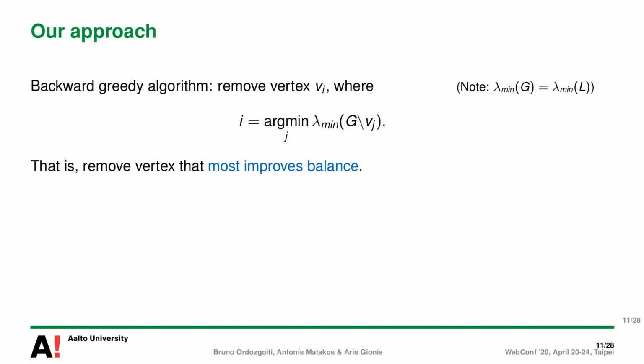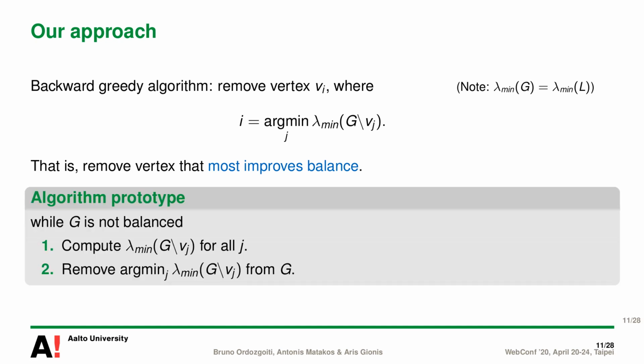So based on this fact, we propose a greedy algorithm to find a balanced graph, which consists in, at each step, removing the vertex which yields the most significant reduction in this minimum eigenvalue. So that is, we seek to remove the vertex that most improves balance in this sense. And this allows us to design a basic algorithm for finding a balanced graph. We just remove vertices according to this criterion until we find a balanced graph.